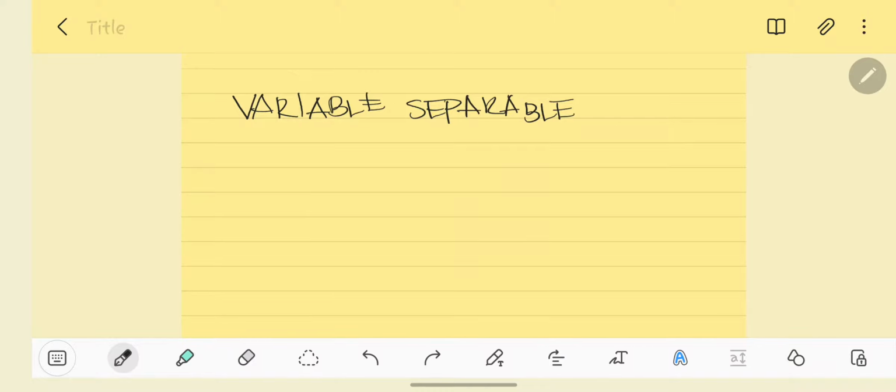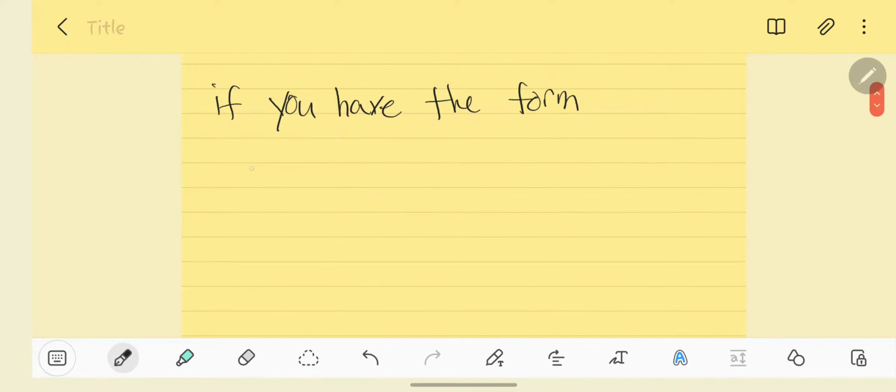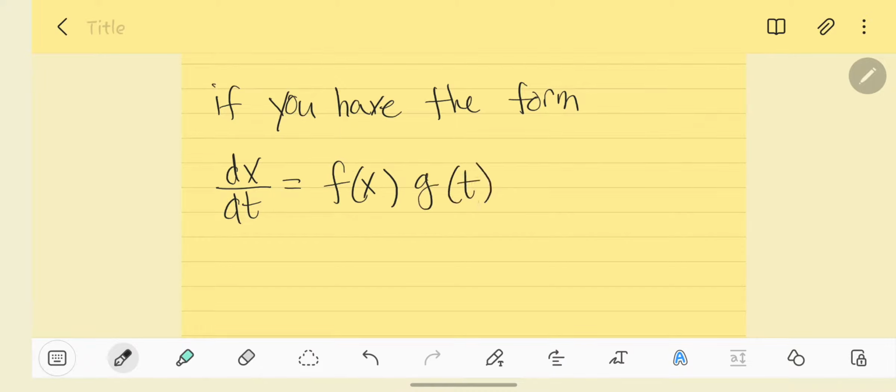So if you have the form dx over dt is equals to some function of x and then some function of t.